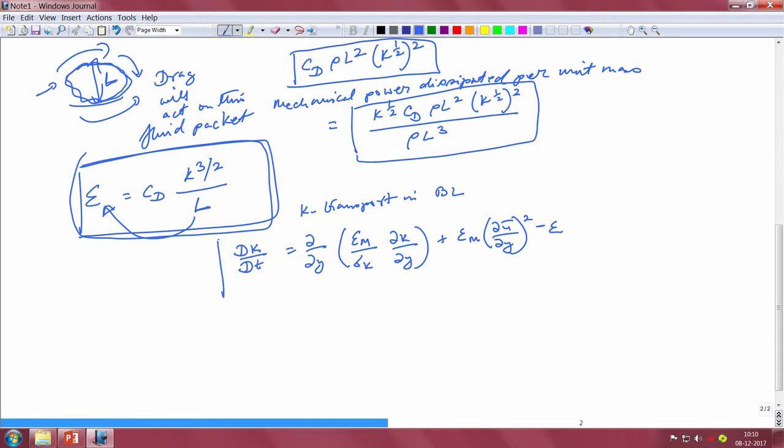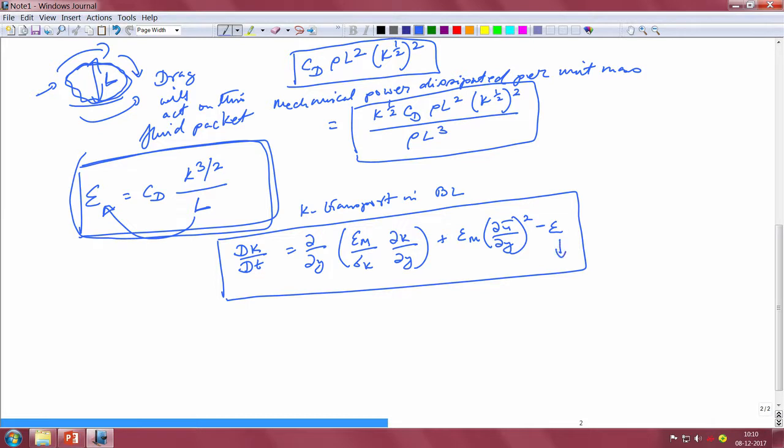That is the total K transport equation in the boundary layer. This is the dissipation, production, diffusion, advection. So, you get a total transport equation of the turbulent kinetic energy K, where K is the turbulent kinetic energy TKE, and we get all these terms.